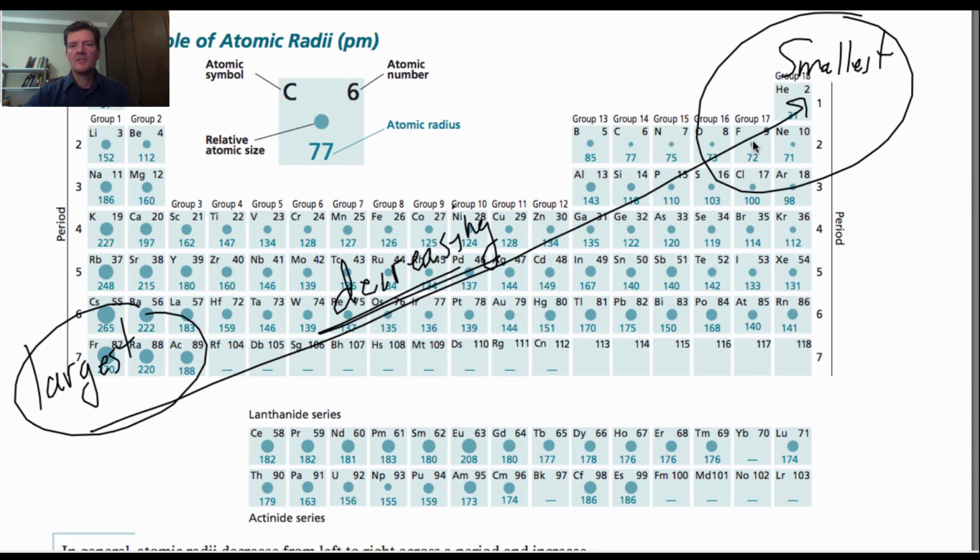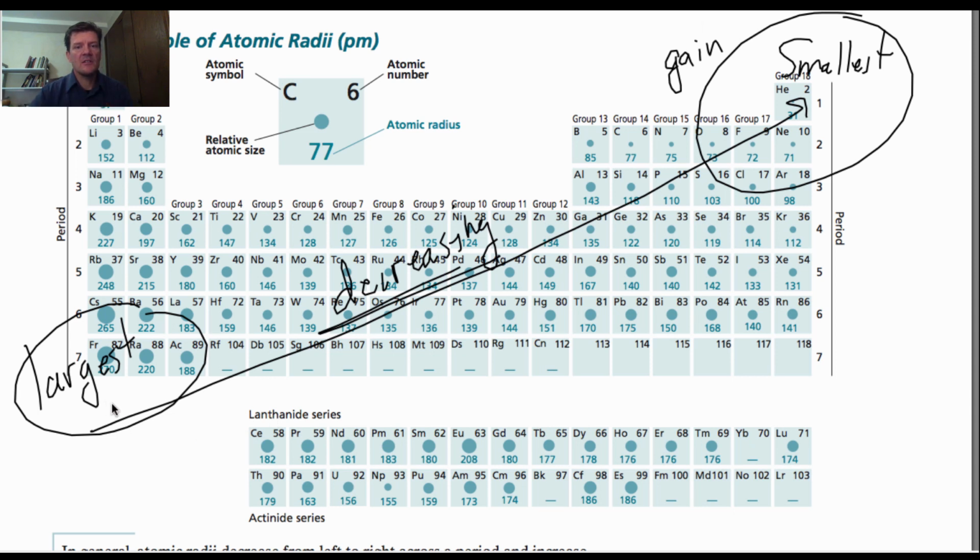Okay? So that's going to be important in how they react. The smallest atoms up here like to gain electrons. They like to bring electrons in tight. Their atom is small, so if another electron comes in, it can grab that electron and keep it close to its nucleus.